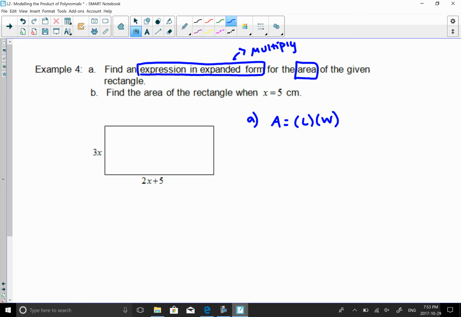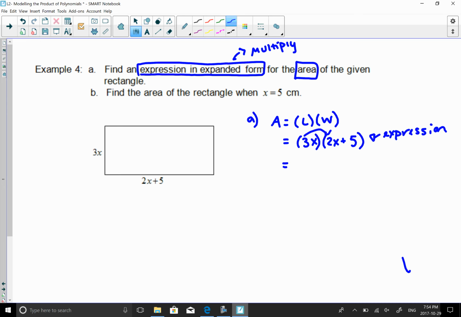So I'm going to take 3x as my length and 2x plus 15. So that's an expression. But it wants it in expanded form. So I'm going to expand.